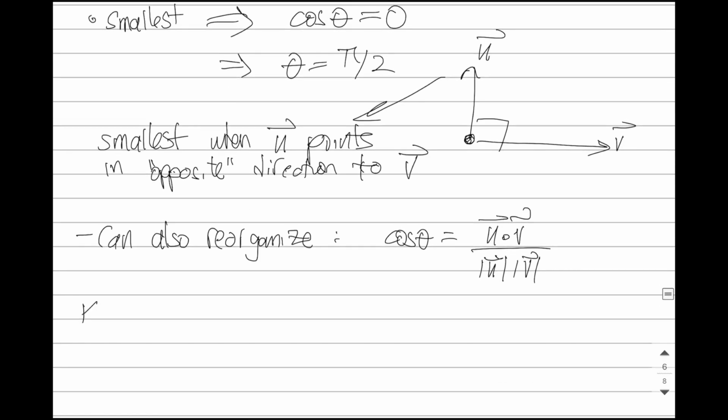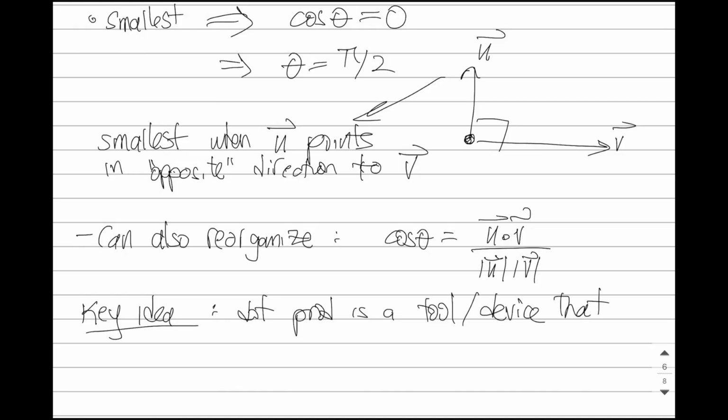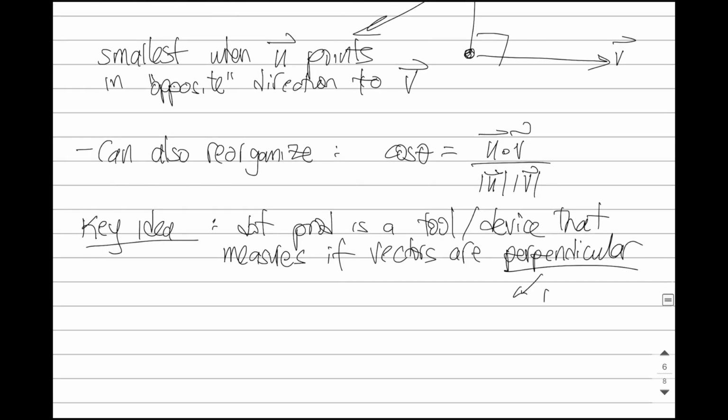This is a very key point, that the dot product is a tool or some sort of device that measures if vectors are perpendicular. It has to do with vectors being relative to each other, and this perpendicular idea is important. Now, perpendicular is a word that we reserve for R2 and R3 because we can see what that looks like.